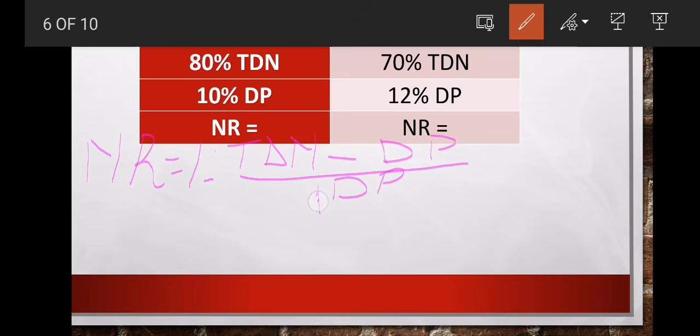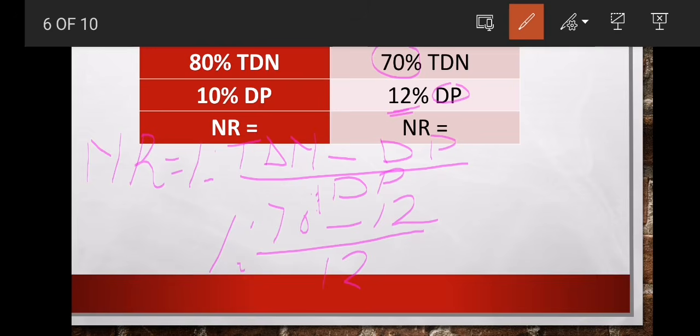Let us substitute now. What is our TDN? Our TDN is 70. What is our DP? It's 12. Divide by 12. Never forget the 1 here.